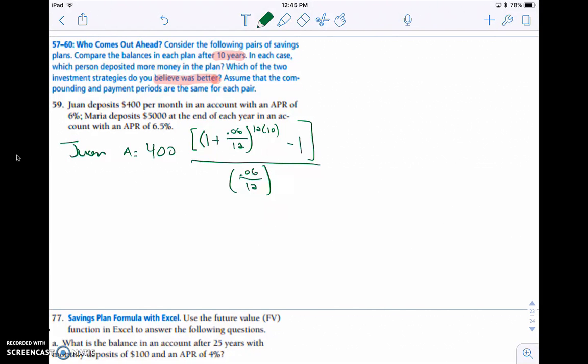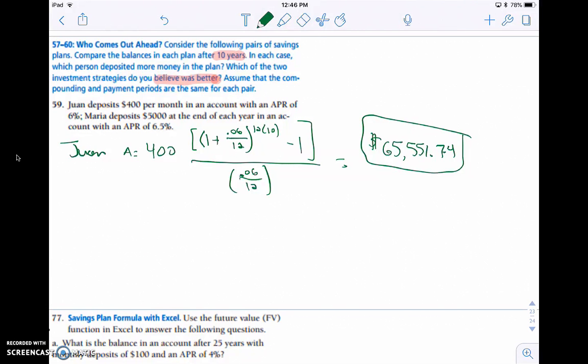So this is going back again to the savings formula or annuities. And so when I multiply all this out, Juan's investment of $400 every single month for 10 years will be worth $65,551.74. Okay, so that's what he's going to be worth.